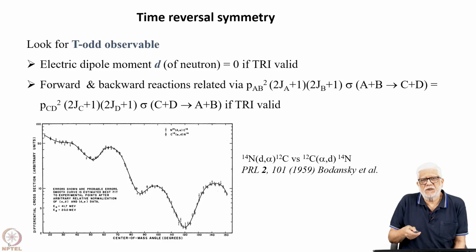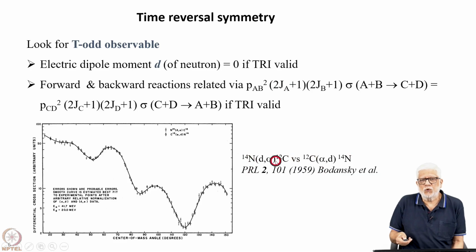So, of course, as I said, parity violation was discovered. So, people started looking at other symmetries as well, and the time reversal symmetry is another fundamental symmetry. And the way they looked at it is through nuclear reactions, where you look at the forward going channel and the backward going channel.